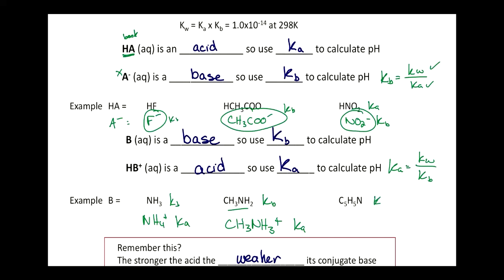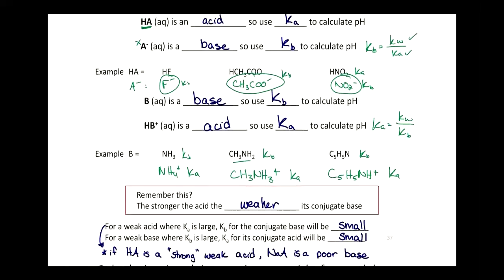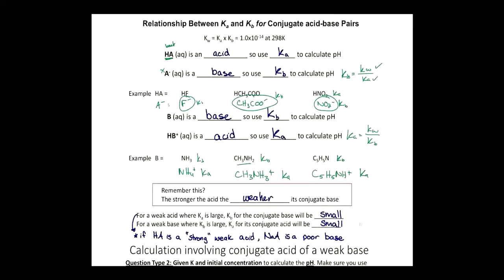That's a base, so you use Kb. But if you put into solution pyridinium, C5H5NH plus, that's an acid, so you have to use Ka. But of course, you calculate Ka by using the given Kb for the neutral base form. All right?